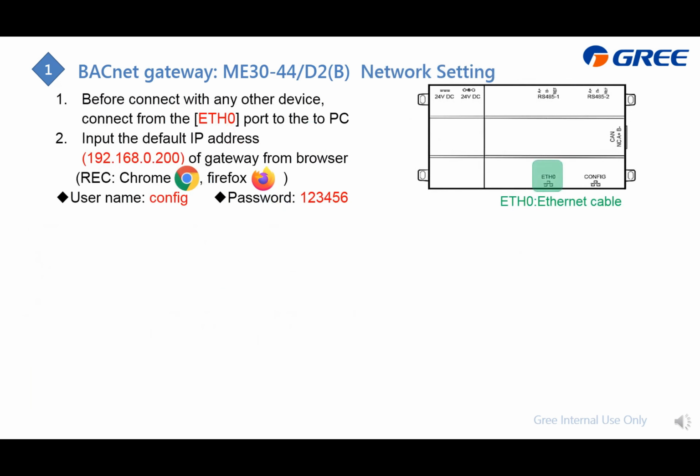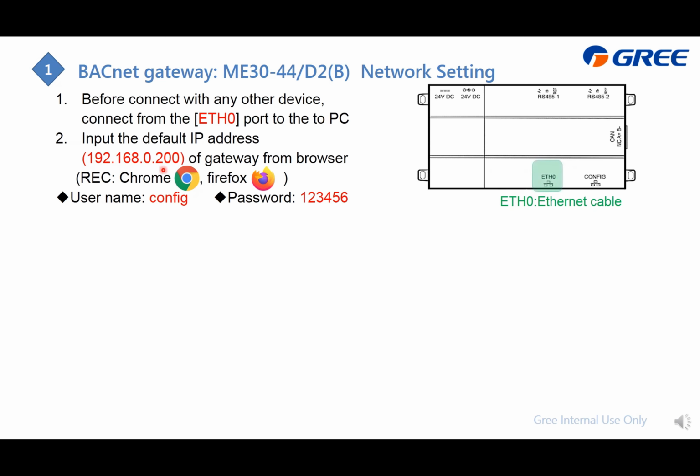Next is how to do the commissioning from the BMS system or PC, which is to tell this gateway how to transmit the data to the PC or BMS system. First, do the wiring from this Ethernet cable, this ETH0, to the PC.